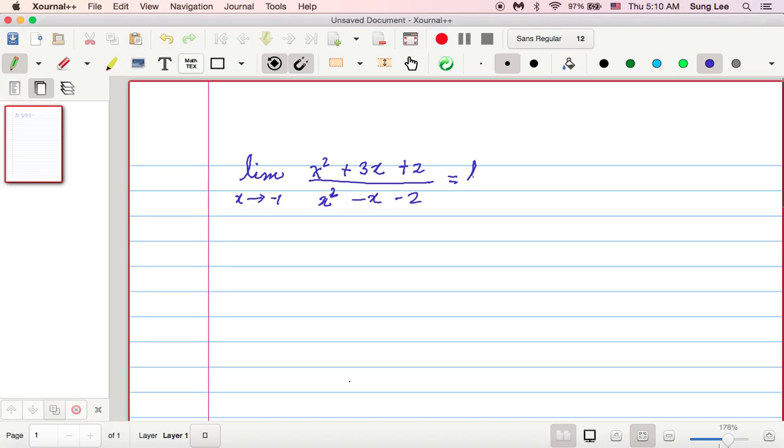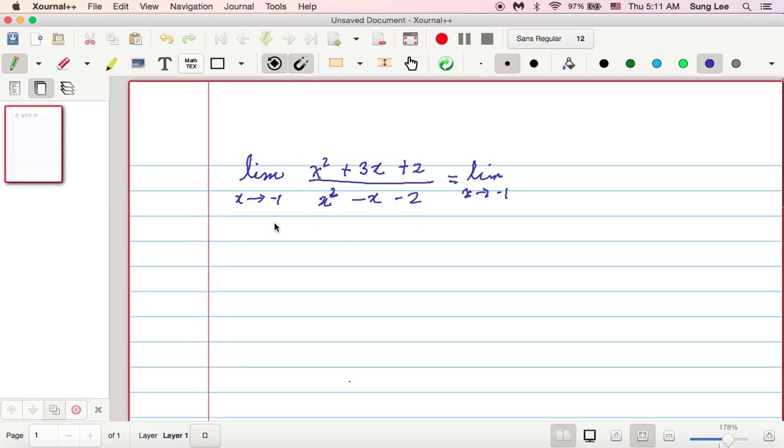So we are going to factor, well, before we do that, let us see what happens when you plug in x equals negative 1, for the numerator and also for the denominator.